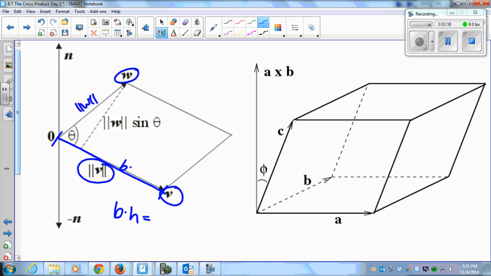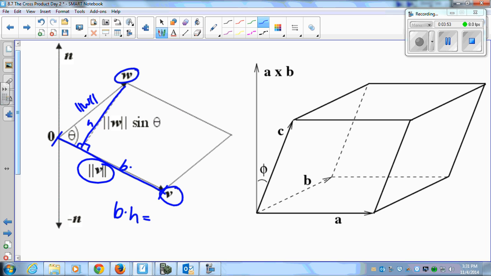We have to remember the height needs to be perpendicular. So using what we know about vectors, and this being perpendicular, we have a right triangle. So this here would be our perpendicular height.